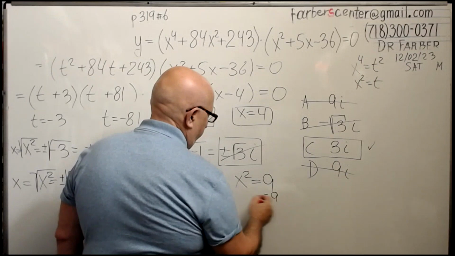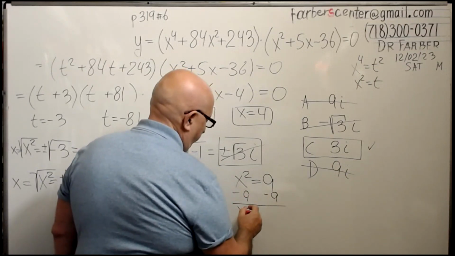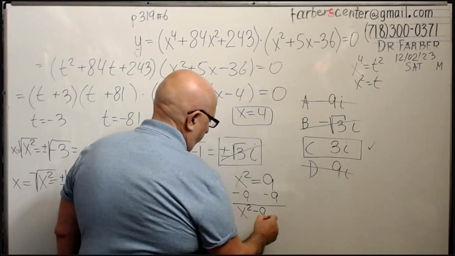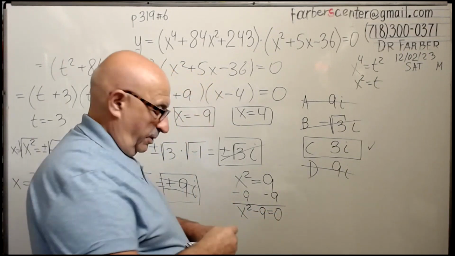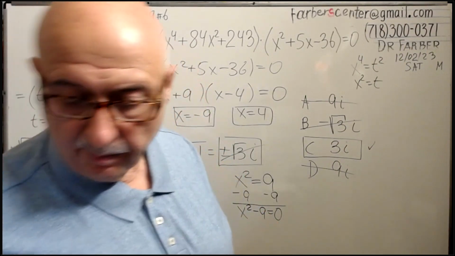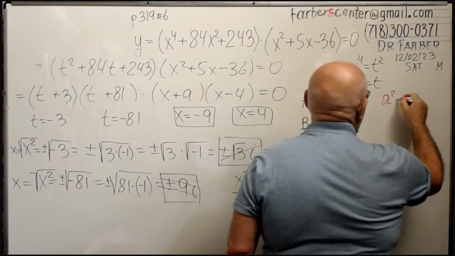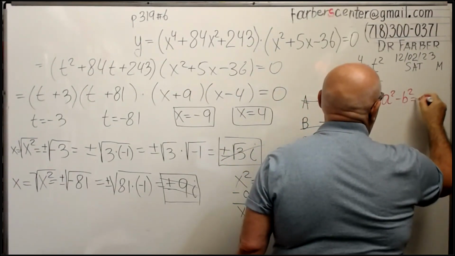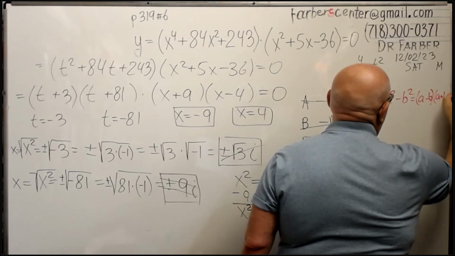Subtract 9 from both sides, I get x squared minus 9 equals 0. After that, I take a different color and recall the formula a squared minus b squared equals a minus b times a plus b, right?